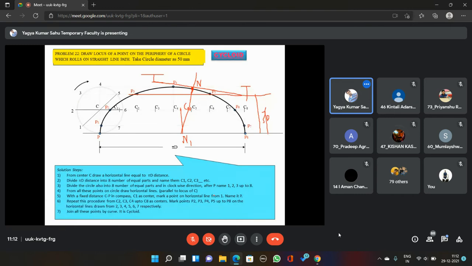I think Kalinga sir explained how to join with the help of French curve in the introduction class. Use of French curve. Explained or not? Yes, sir. So you can join with the help of French curve.